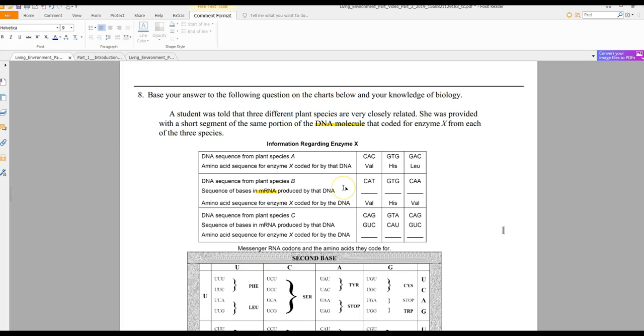You have to know that you have to find the pairs that go with the DNA strand to the messenger RNA strand. So C goes with G, A goes with U, T goes with A. Next one. G goes with C, T goes with A, G goes with C. CCA. C goes with G, C goes with G, A goes with U, A goes with U. Done. Point.